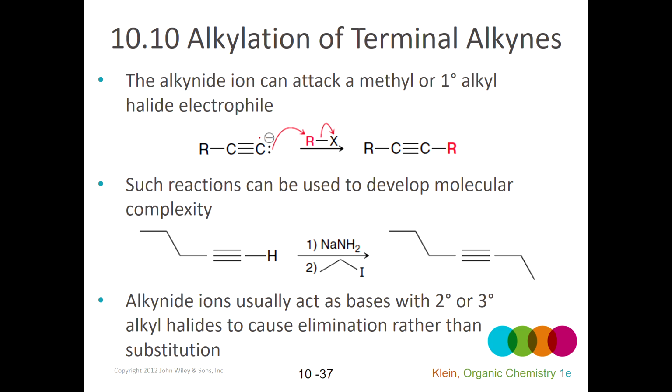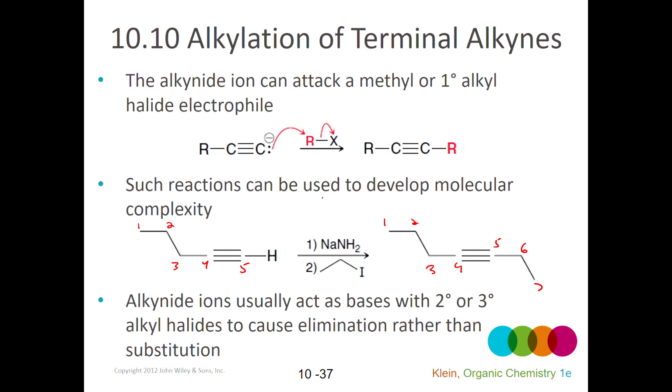Then once the alkyne has been deprotonated, and now it's an alkynide, it can attack an electrophilic site, push out a leaving group, and now I can make a larger molecule. So this is a really nice reaction where I can take a structure that has only so many carbons and increase the number of carbons in my chain. Start to build up the complexity of the structure little by little.